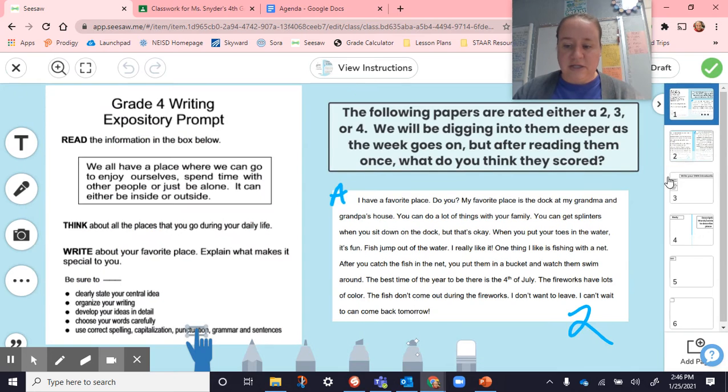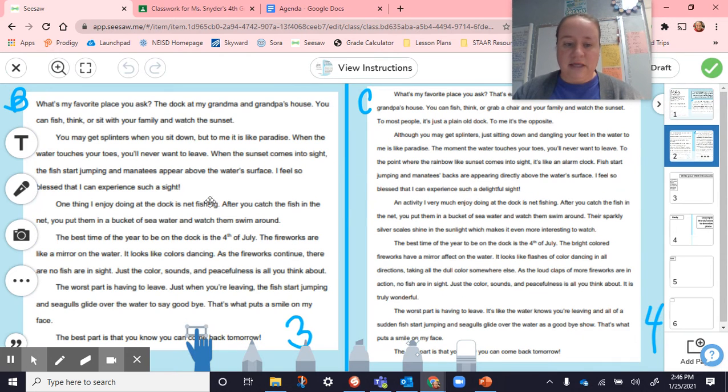So starting at a 2 paper and then looking at a 3 versus a 4 score paper, you can really look at the similar paragraphs, like this first paragraph here and this paragraph here. If you compare them, they're kind of night and day, especially from the 2 to the 4. I keep saying details, details, details.